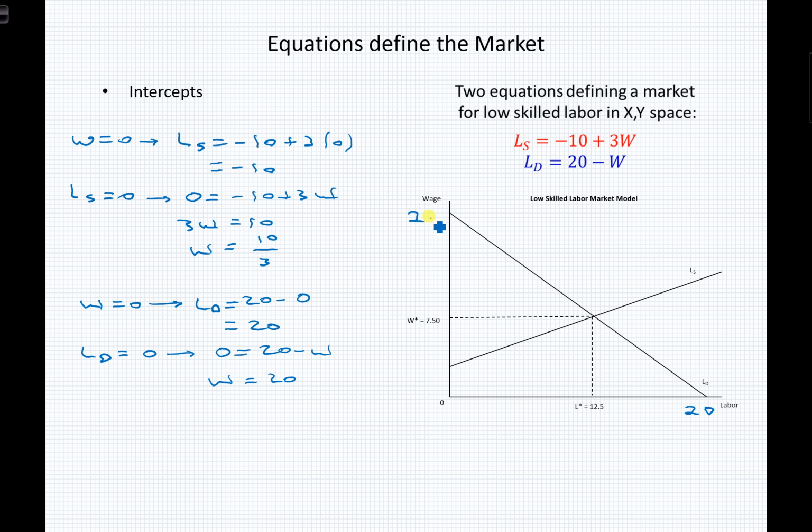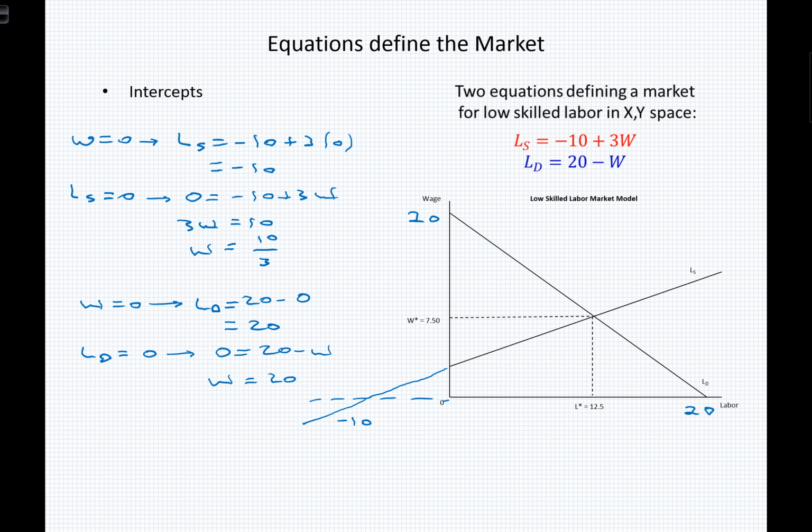So this is 20. This is similarly telling us for the supply relation that when the wage equals 0, the labor supply is negative 10. Well, I don't see negative space here. Recall that we actually can think about this as an extension through negative space if we think about the supply curve extending through, and this point would be negative 10.